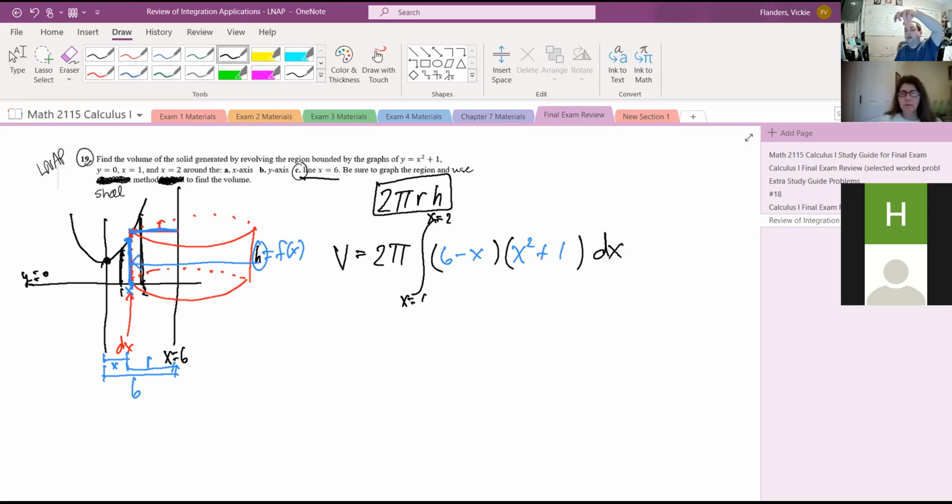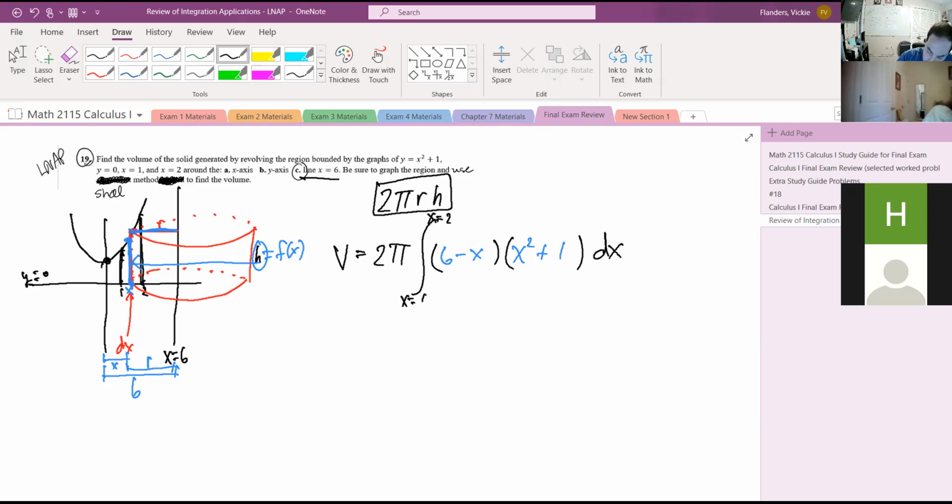So I have my 2 pi times radius times height, which represents the area of that one shell that I've generically chosen. And then I'll be doing that along all of the x values from 1 to 2, and that will generate the volume that is being revolved around there.